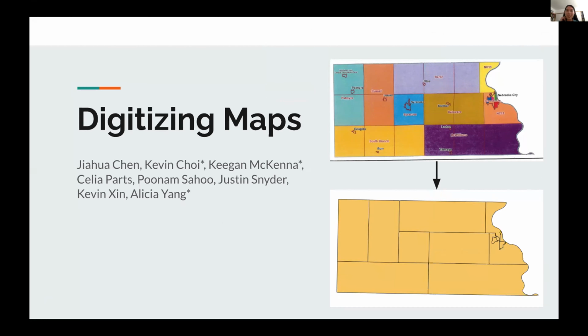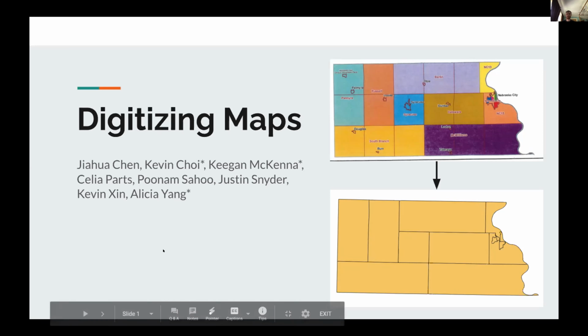I'm Alicia. I'm pre-frosh, and I actually don't go to SWAT, but I worked on this project with my other team members. Yeah, okay. I'm sorry I didn't mention before, I'm a rising senior also at Swarthmore.